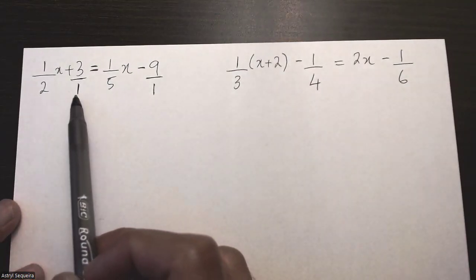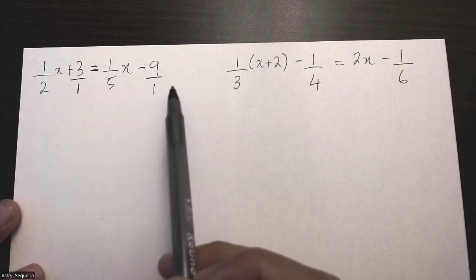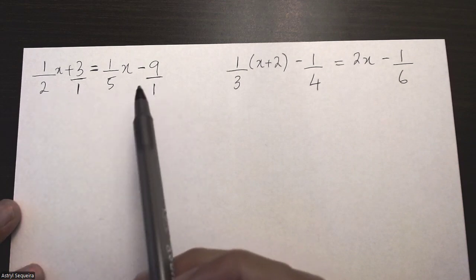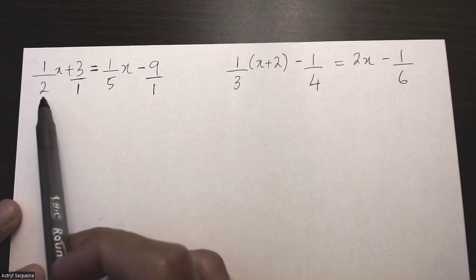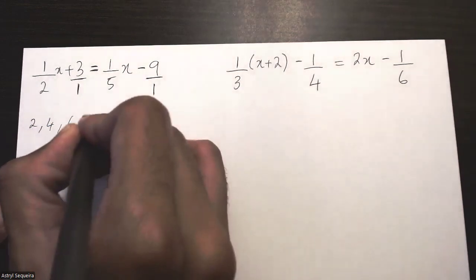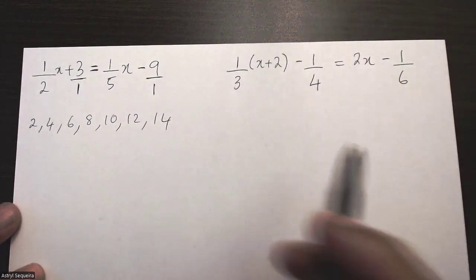So in order to eliminate my fractions, I want to make a common denominator for the entire equation. Now, if you're struggling to find your lowest common denominator, you can list out your multiples for each denominator. For example, my multiples for 2 are 2, 4, 6, 8, 10, 12, 14. That should be enough.